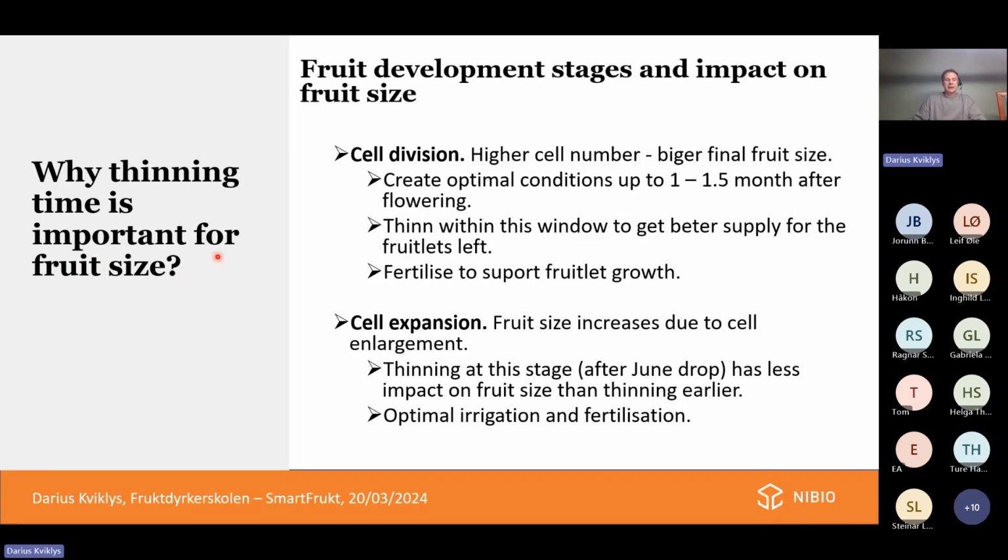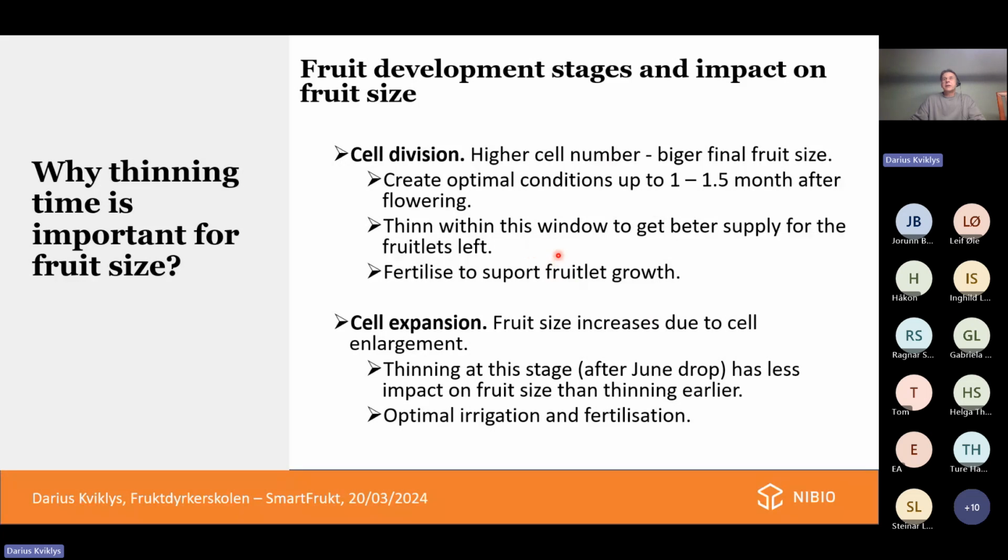Growing fruits have two main stages: the cell division stage and the cell expansion stage. The cell division stage begins right after pollination of the flower and lasts, depending on the cultivar, climate and growing conditions, around 1.5 months after flowering. This stage is very important for small fruited cultivars.